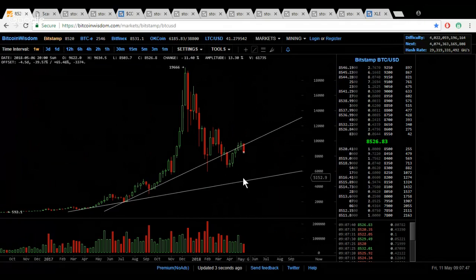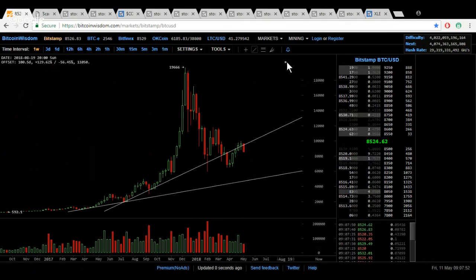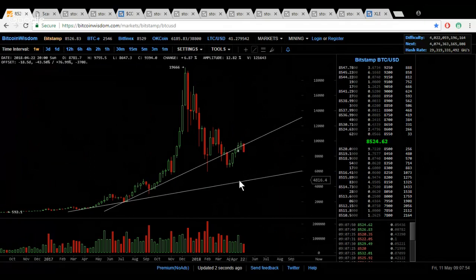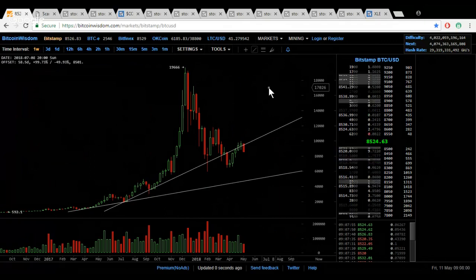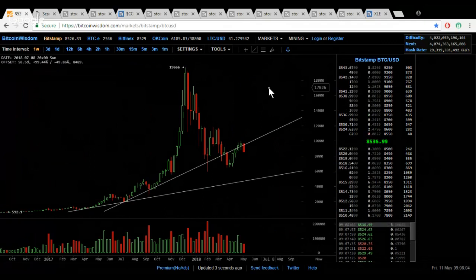If it does hold at the phase 2 line, it can go back up to new highs by establishing a new phase 3 line and then a phase 4 line after that, and then a 5, 6, and 7 again. Okay, so that's what this chart tells me.